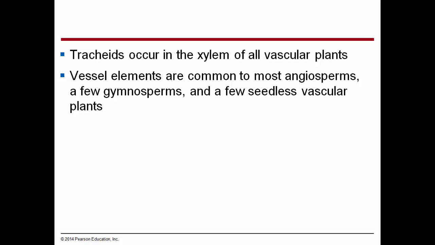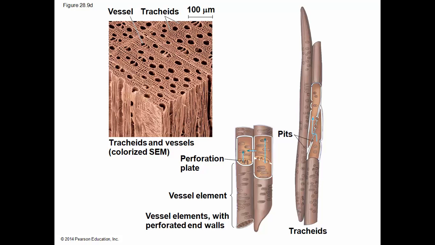Tracheids occur in the xylem of all vascular plants. Vessel elements are common to most angiosperms, a few gymnosperms, and a few seedless vascular plants. Okay, there are two types of water-conducting cells, tracheids and vessel elements. They are tubular, elongated cells that are dead at functional maturity.